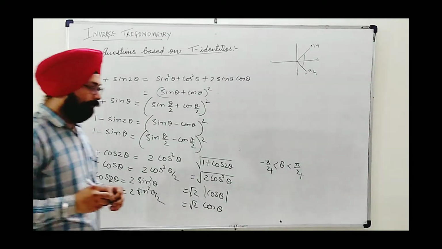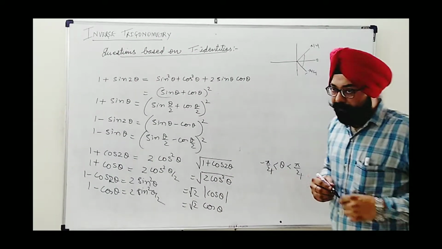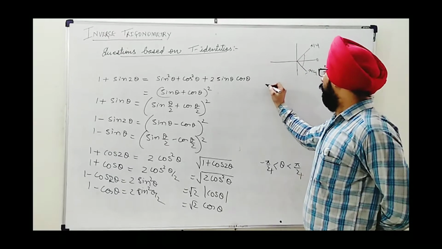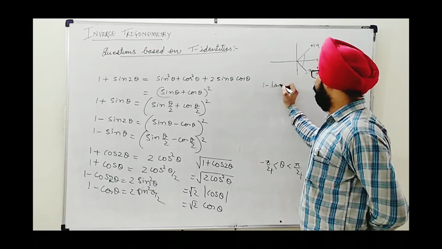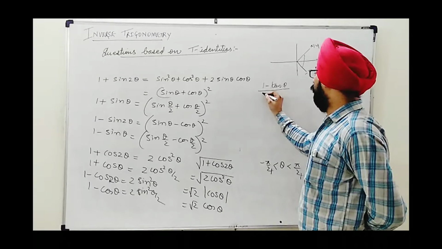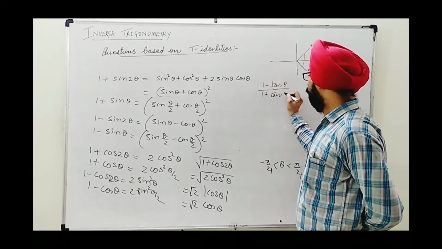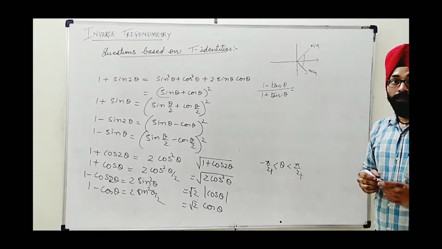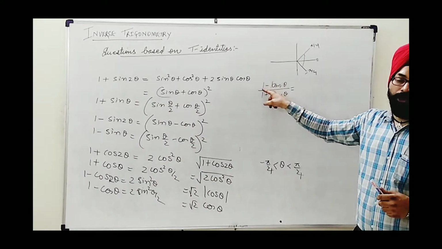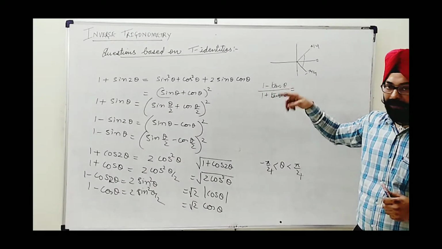Moreover, if I have 1 minus tan theta upon 1 plus tan theta, we know that the value of tan pi by 4 is 1.